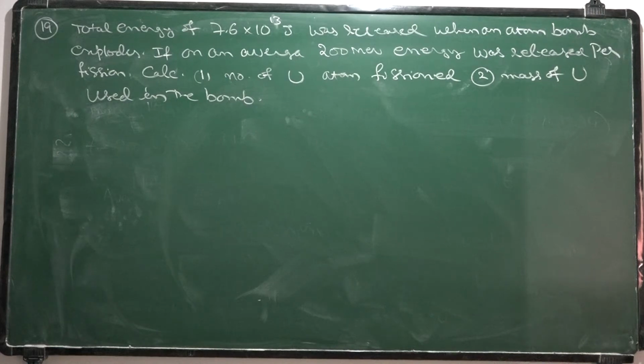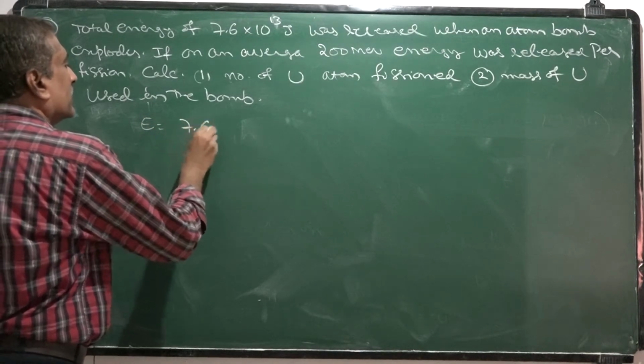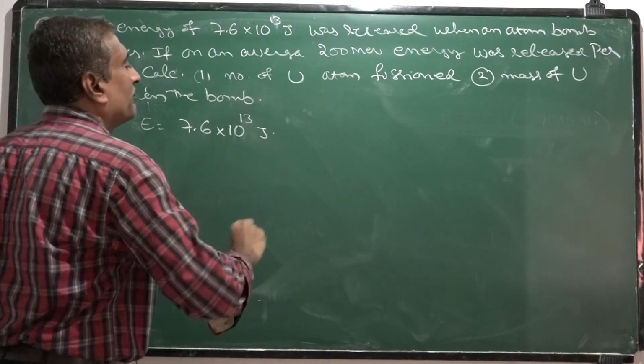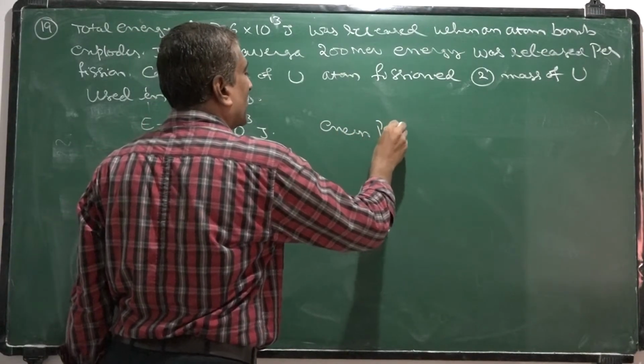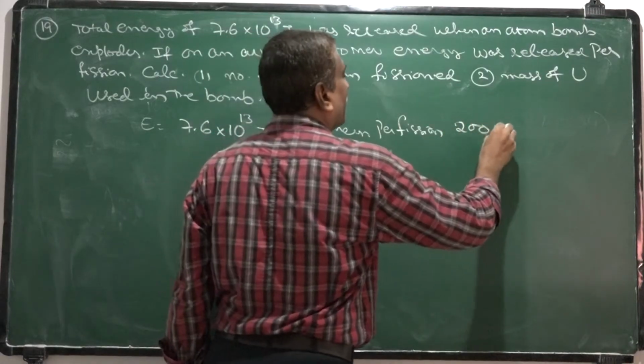Okay. How we can calculate is, okay, total energy released is 7.6 10 to the power 13 joule. Okay. Energy per fission is given as 200 MeV.